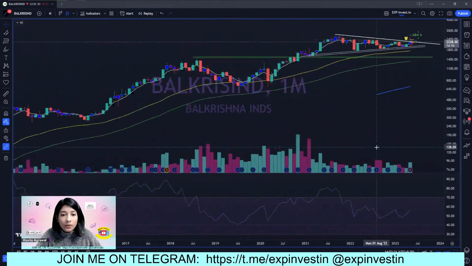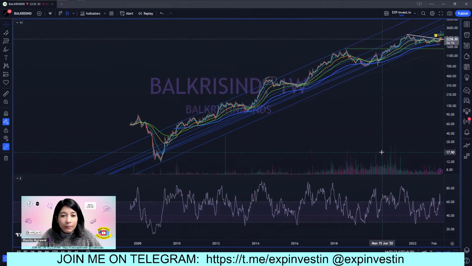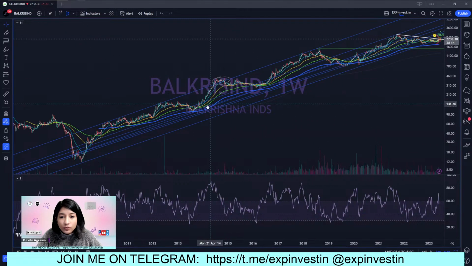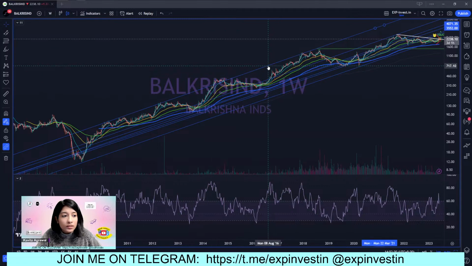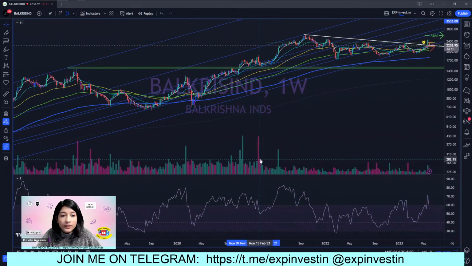So let's start with the weekly time frame, and here you can see that I have drawn a bunch of trend lines. The maiden trend line that I had drawn was this one, which is right at the top, and then I cloned this one to formulate other trend lines.